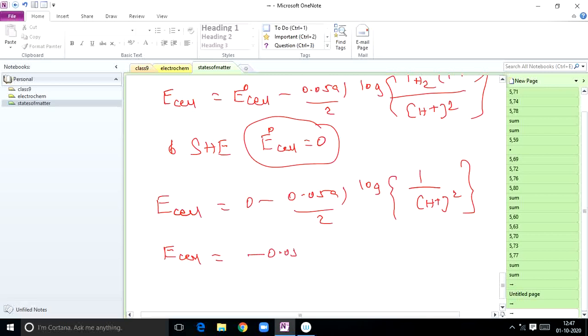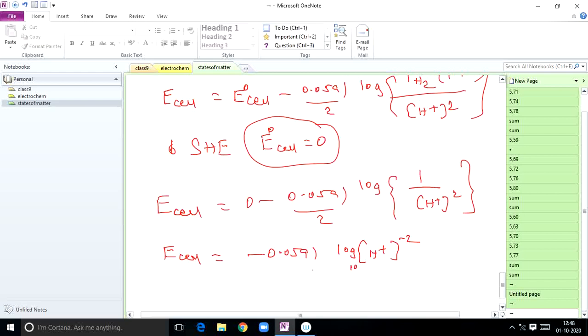minus 0.0591 by 2 into log of, this can be written as H plus ion whole power minus 2.